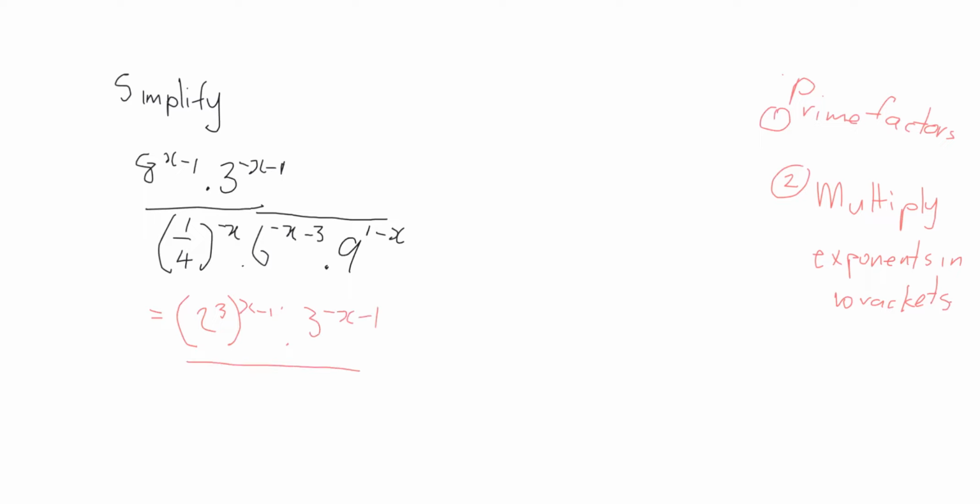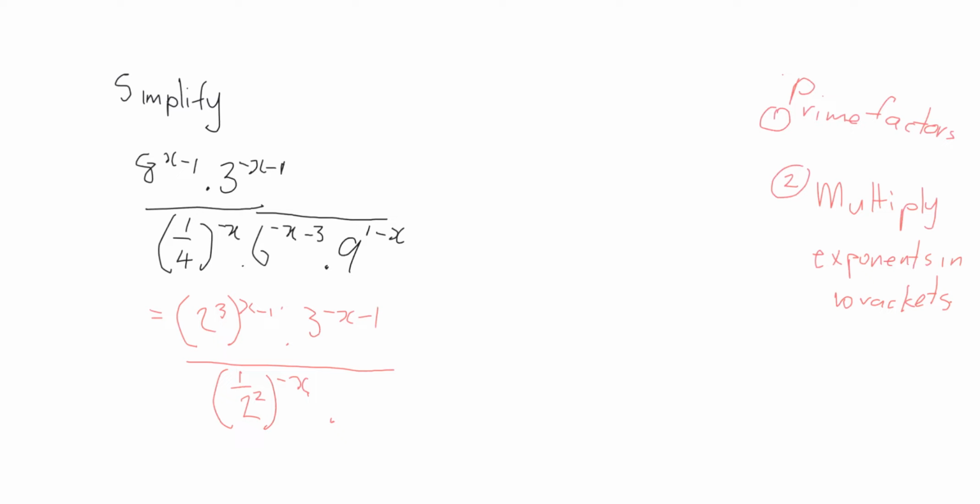Now we divide. So we are dividing what? 1 over, what is 4? 4 can be written as 2 to the power of 2. And this means this is going to be 2 to the power of 2 to the power of negative x, multiplied by, now here, we need to change in terms of the prime factor of 6.